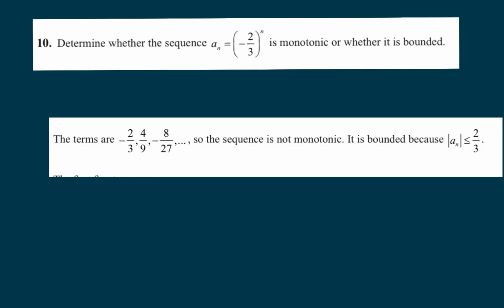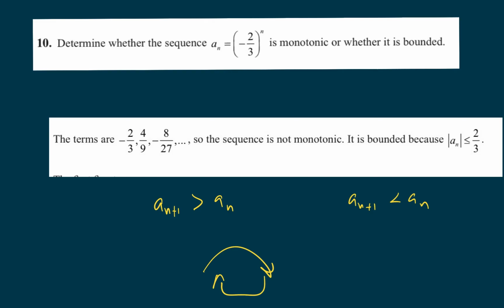So the terms are not always all bigger than the previous one or all smaller than the previous one, because monotonic could mean two things: a sub n plus 1 is always bigger than a sub n, or the other kind, monotonic decreasing, where a sub n plus 1 is smaller than a sub n. So in this case, this sequence will not be monotonic.